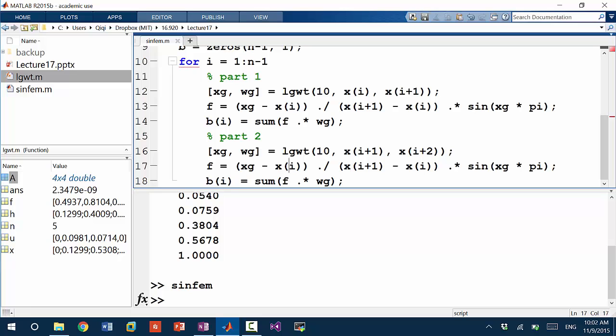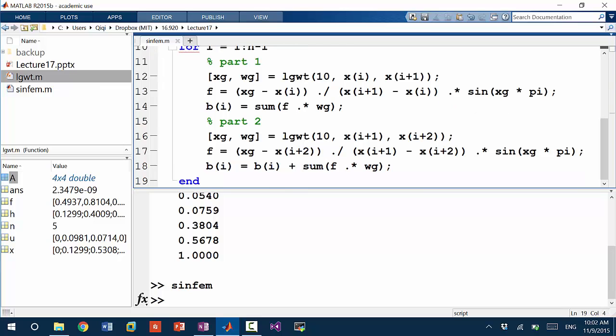And also my function, instead of xg minus xi, I have xg minus xi+2 over xi+1 minus xi+2, because I want the function to be equal to 1 at xi+1 and 0 when x goes to xi+2. Right? And again, my bi is now equal to bi plus this.